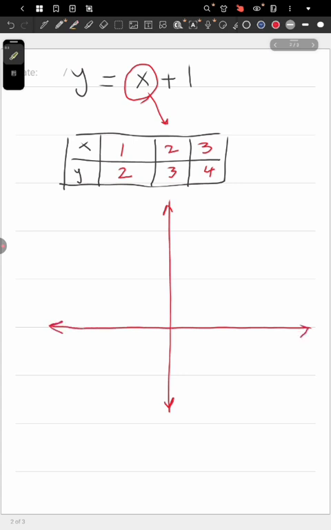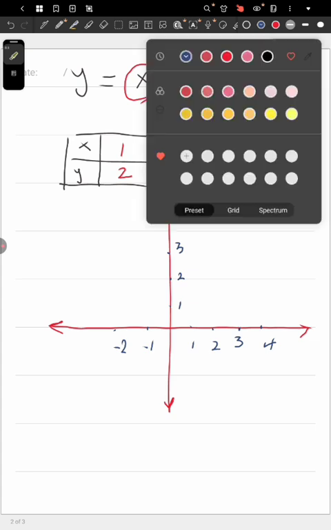First points 1, 2, 3, 4, and -1, -2, 1, 2, 3. You can put positive only.